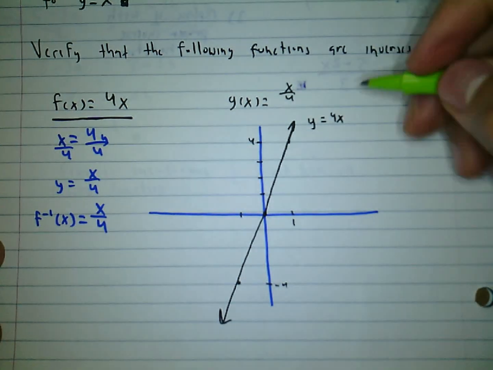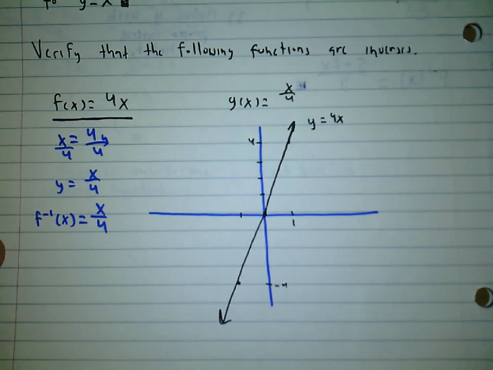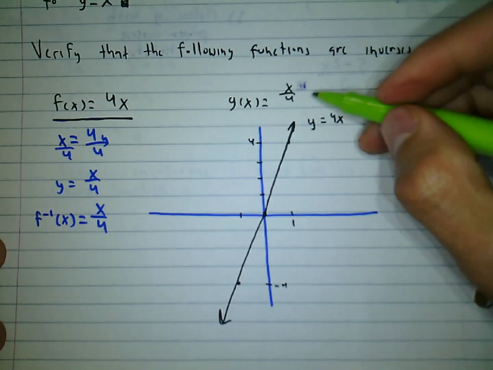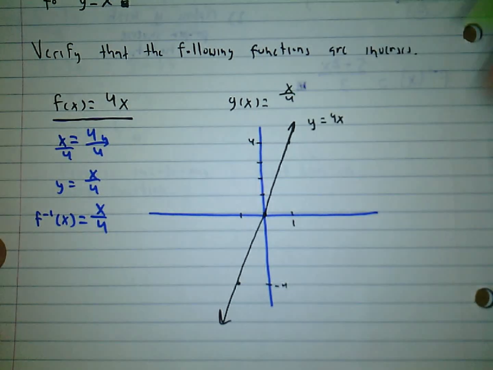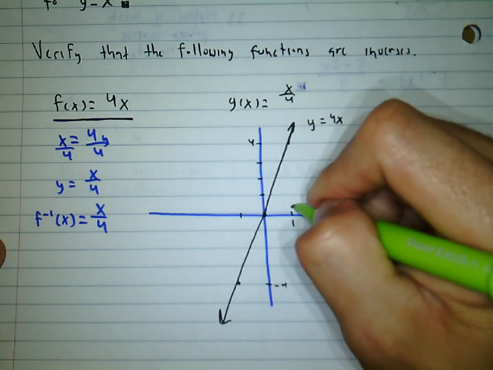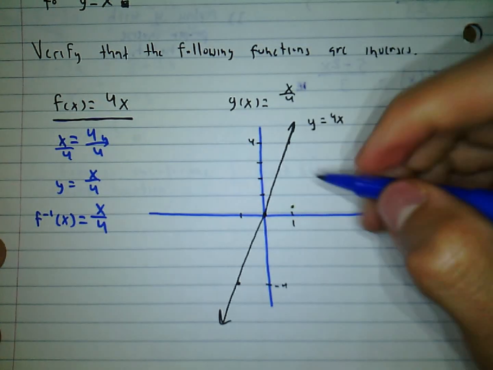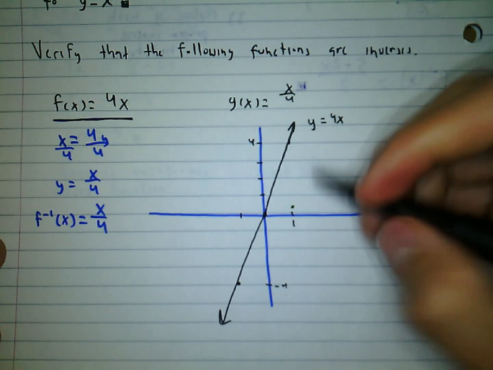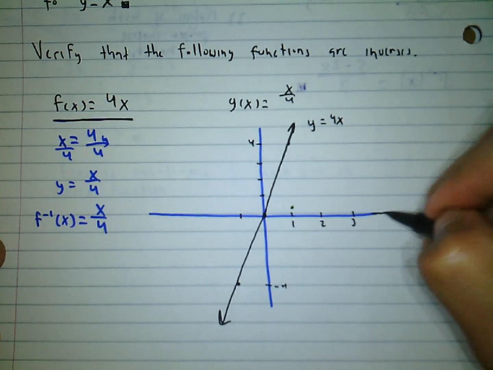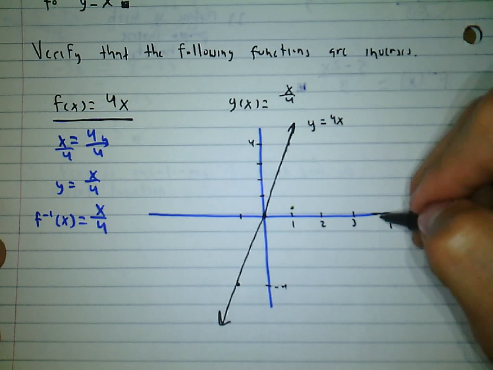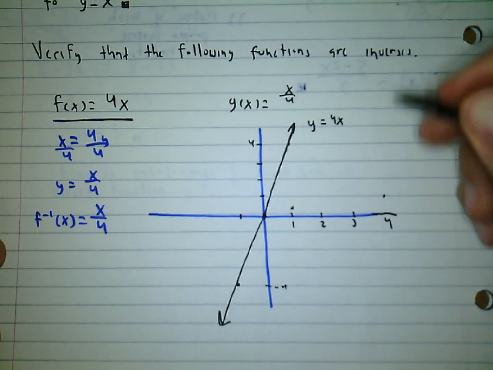Let's say I'm going to use green for y equals x over 4. So if I plug in 0, that would be 0. If I plug in 1, that would be 1/4, so 1/4 would be very little here. Let's go to 2, 3, 4. If I plug in 4, 4 over 4 is 1, so that would be 1 right there.